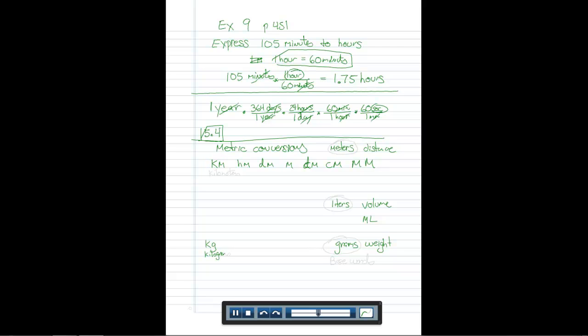Once you know how to do something in the weight world, all you do is change the root word, and you know how to do something in the distance world. So they're all consistent. You're more likely to have heard about kilograms, and you're more likely to have heard about milliliters, but the base words are liters, grams, and meters.